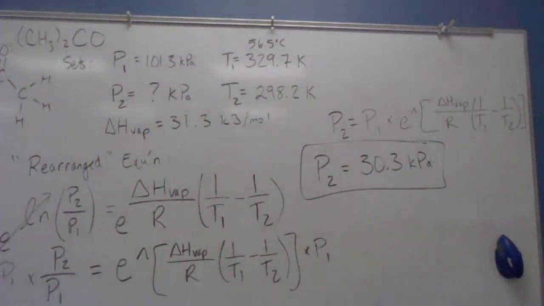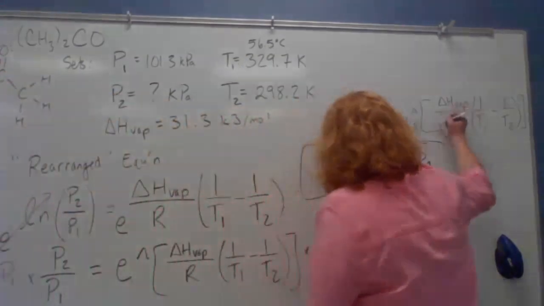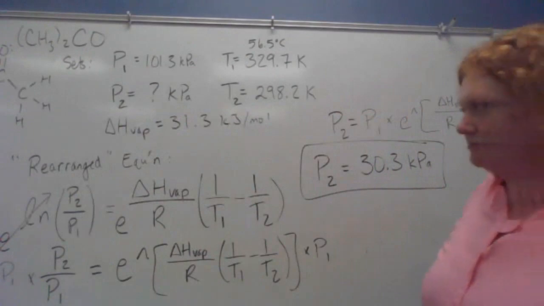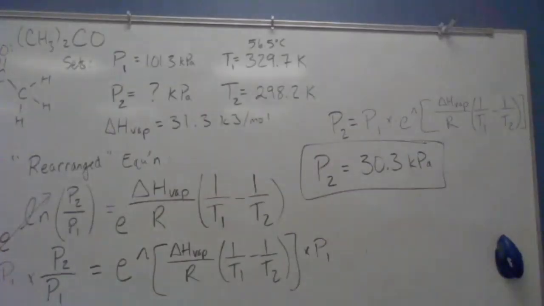I got something around 30.3. Make sure you remember to use the 8.314 times 10 to the negative third value for R. Okay.